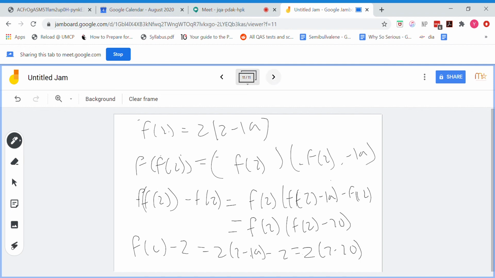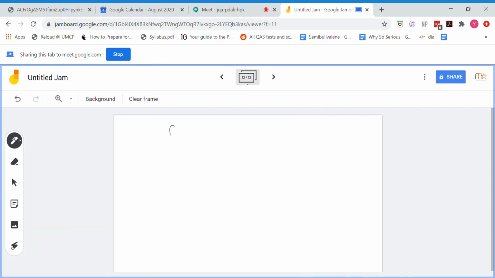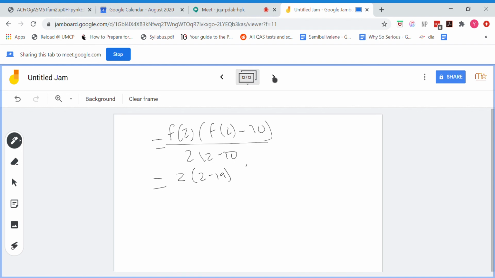Alright, so now on the top we have f(z) times (f(z) minus 20) over z times (z minus 20). If we plug in the definition for f(z), this gives us z times (z minus 19) times (z squared minus 19z minus 20) over z times (z minus 20).